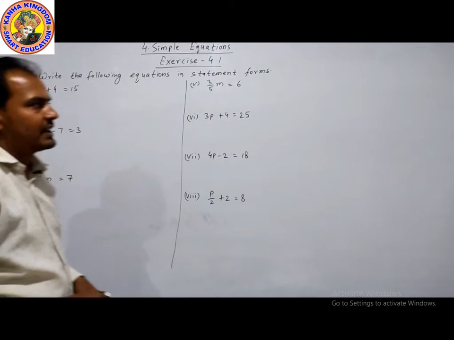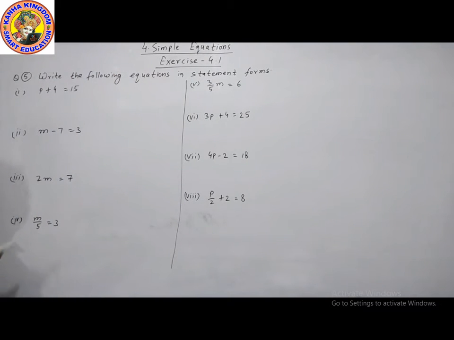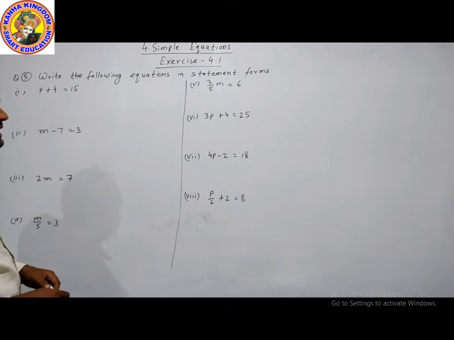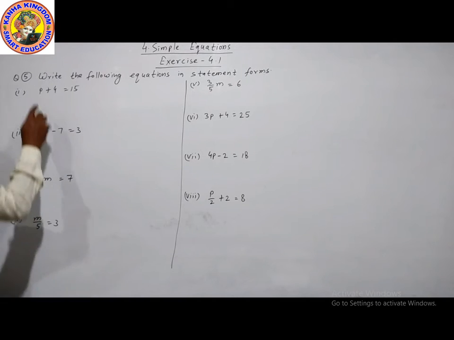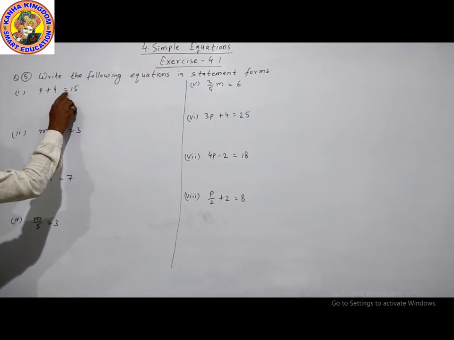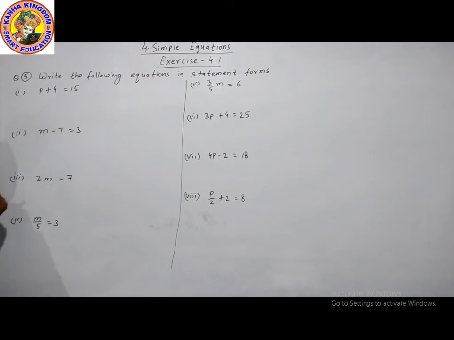Now our next question is question number 5. Write the following equations in statement form. Here are given some equations. We have to write down the statement of each equation. The equation says p plus 4 equal to 15.